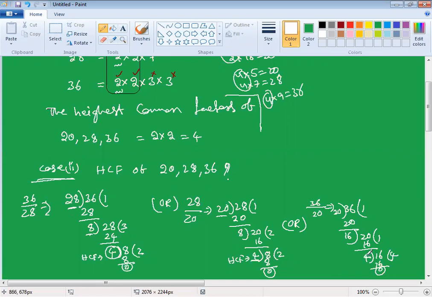So for 4 you are getting 0, that's why the HCF is 4. So already we found the HCF is 4. That is case 1. This is case 2. So you can do any one of these two methods, you will get the answer.